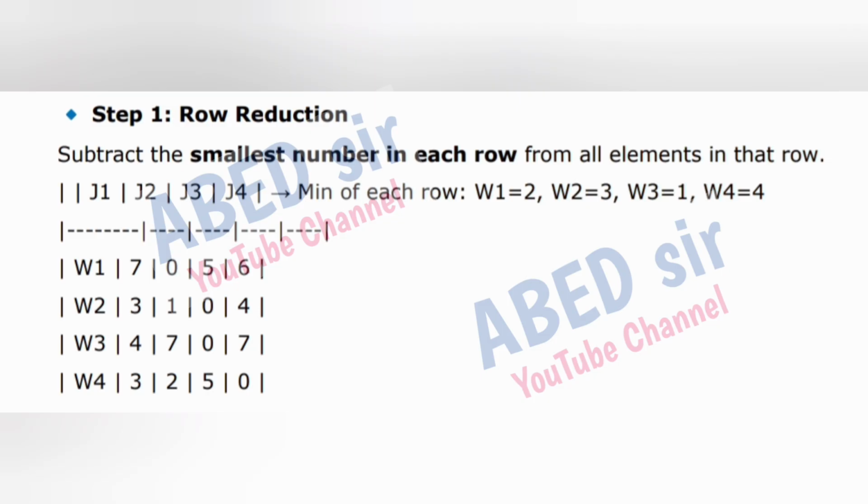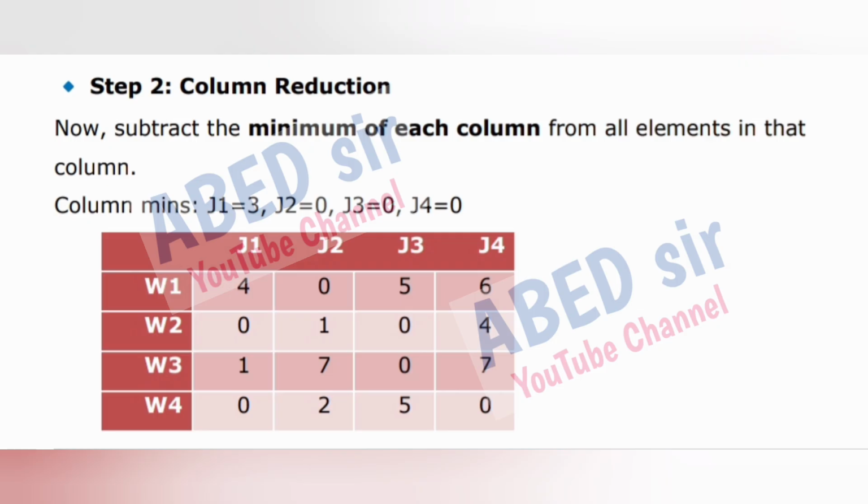Step 1. Row reduction. Subtract the smallest number in each row from all elements in that row. Min of each row, W1 is equal to 2, W2 is equal to 3, W3 is equal to 1, W4 is equal to 4. Step 2. Column reduction. Now, subtract the minimum of each column from all elements in that column.